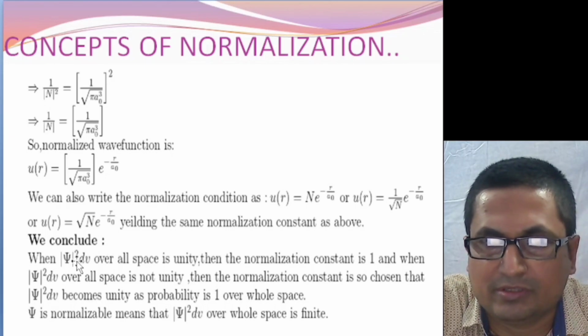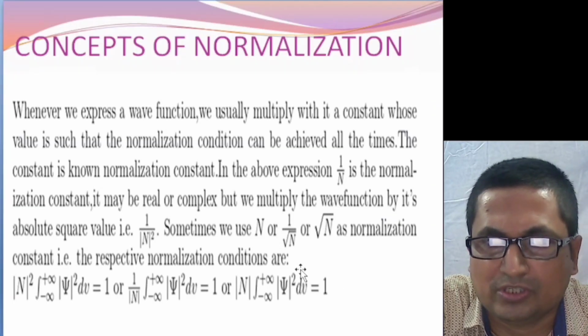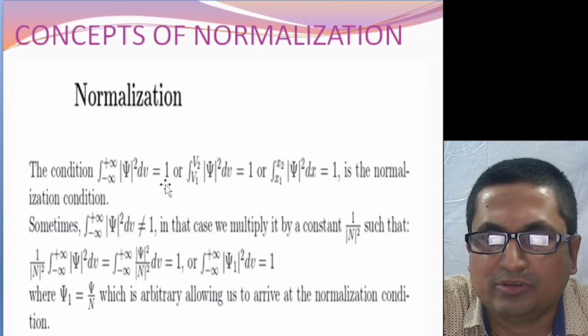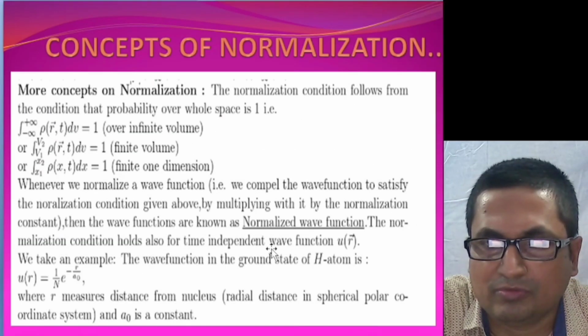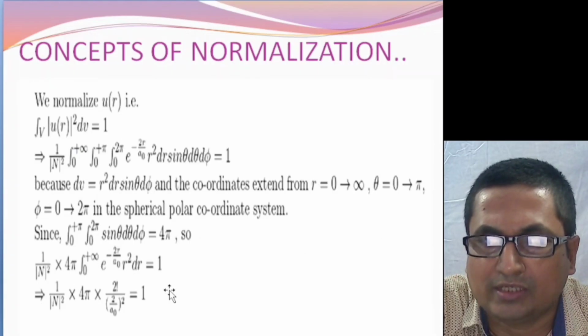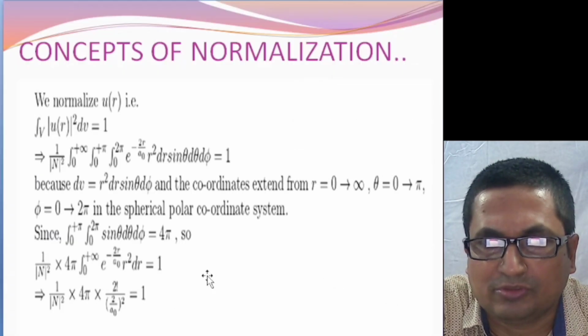So here is our conclusion. When this quantity is unity, the normalization constant is 1. This is the condition that we first encountered. If this is equal to 1, the normalization constant is 1, and we need not normalize the wave function. But if this is not equal to 1, then we have to bring in some normalization constant.